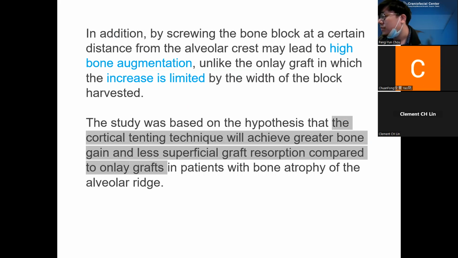So the hypothesis of the study was the cortical tenting technique can achieve better bone gain and less graft resorption comparing to the onlay grafts in patients with bone atrophy of the alveolar ridge.